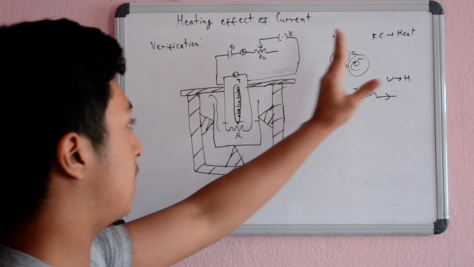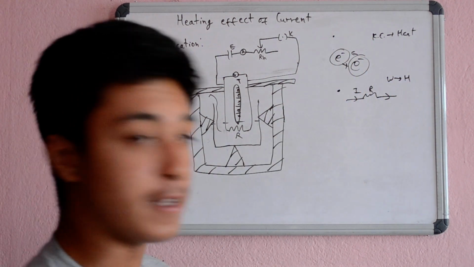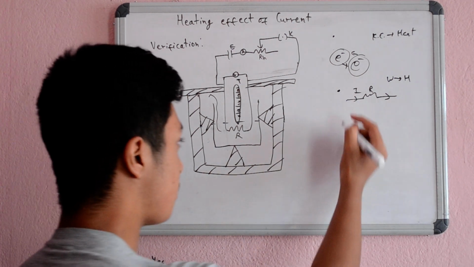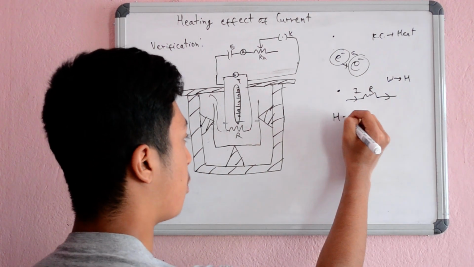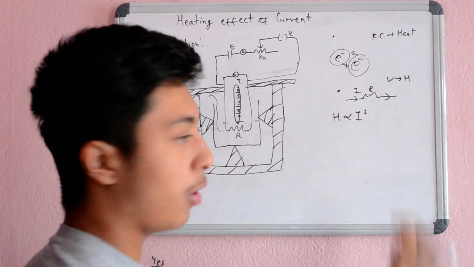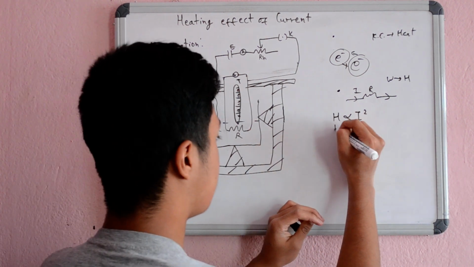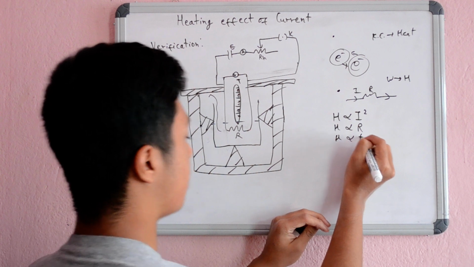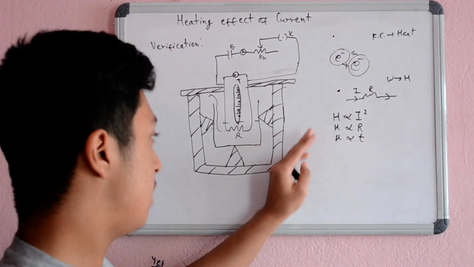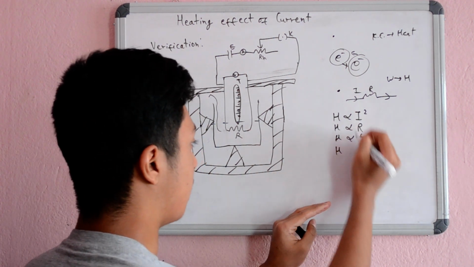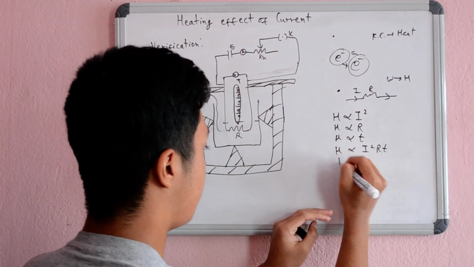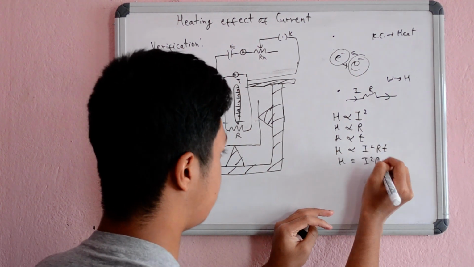Now these are the two theories. According to Joule's experiment, he found that heat was directly proportional to the square of the current, directly proportional to the resistance, and directly proportional to the time taken. Combining all of this, we get H directly proportional to I square RT, where H is equal to I square RT.